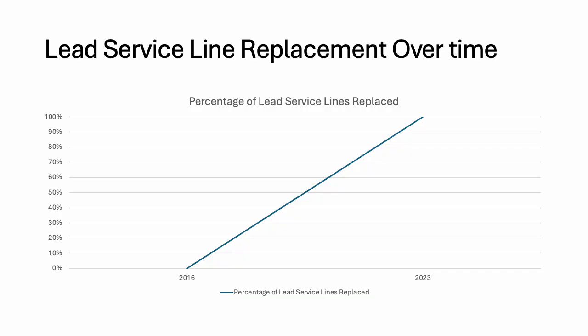And one of the things I've got to mention is the lead service line replacement over time. After the Flint water crisis happened, and after the government switched back, everything was getting better. But for the long-term safety of the water, the government started the lead service line replacement among the residents and neighborhoods in Flint, Michigan.